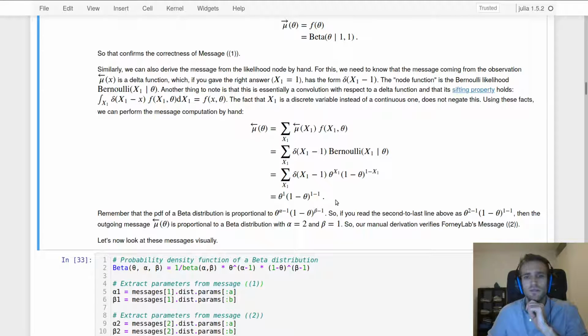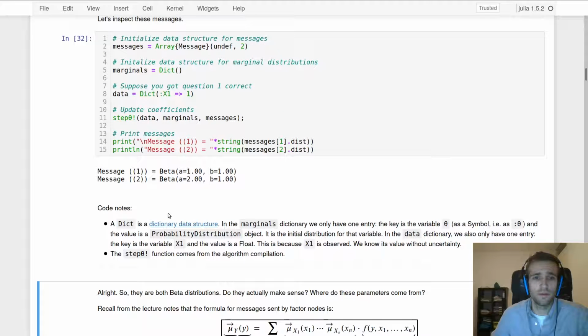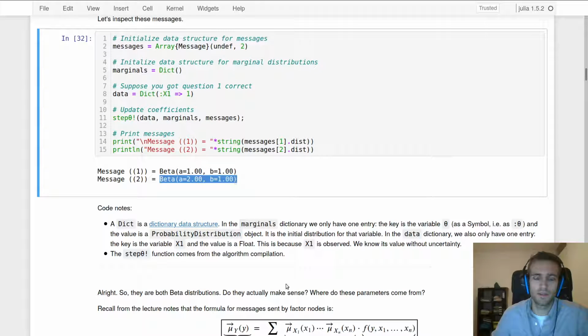Then because of the sifting property, we get theta to the power 1 times 1 minus theta to the power 1 minus 1. And if you remember that a beta distribution is proportional to theta to the power alpha minus 1 times 1 minus theta to the power beta minus 1, then you can read this last line as a beta distribution with parameters 2,1, which verifies Formulab's output.